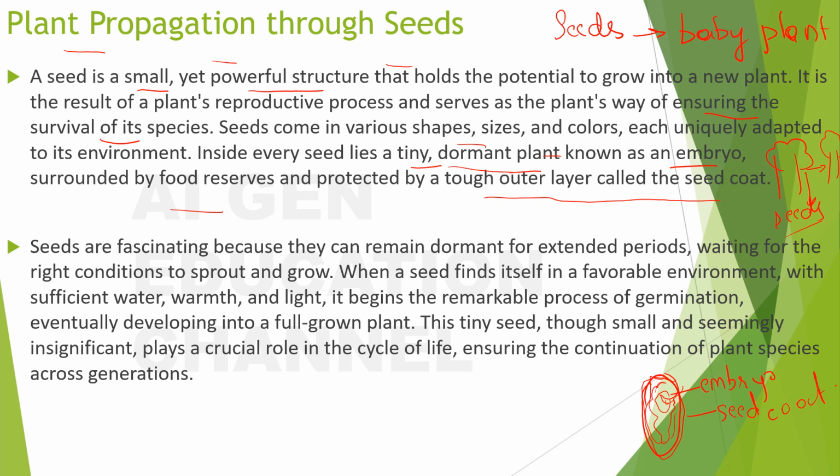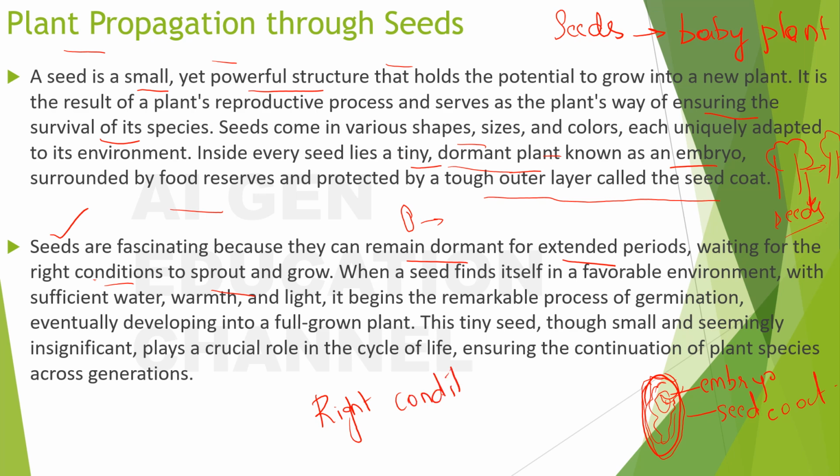Next, seeds are fascinating because they can remain dormant for extended periods, waiting for the right conditions to sprout and grow. Remain dormant means they can just stay like that for longer periods of time. See, for the seeds to grow into a plant, there should be some right, suitable conditions.